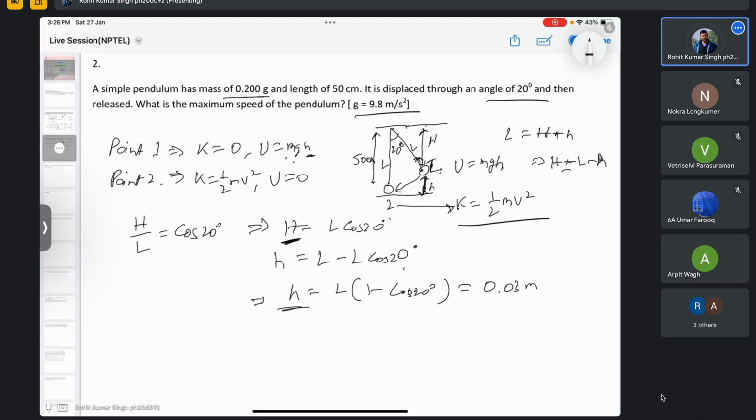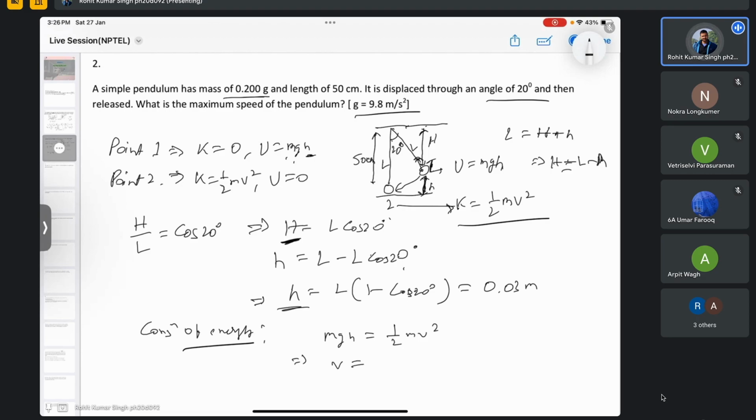So now we will use the conservation of energy. mgh equal to half mv square, and we want to find the velocity v, right?